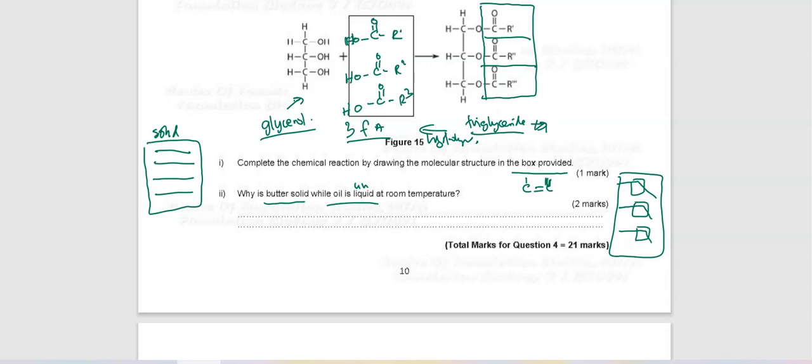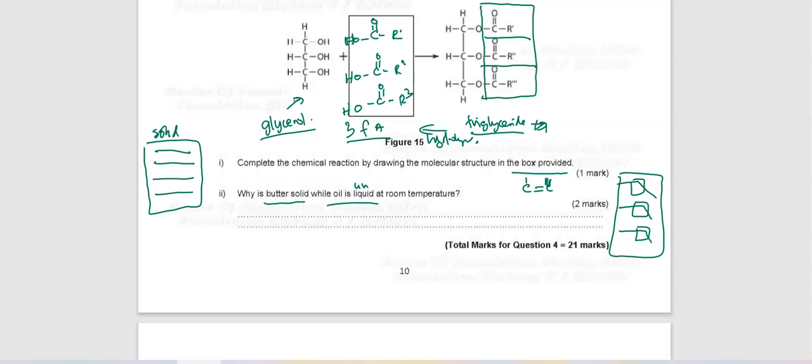So that is why butter is solid and unsaturated fat or oil or vegetable oil or fish oil is liquid at room temperature. So those are the points that you could write down. There's many points that I've mentioned. I'm just going to repeat again the highlight of the answer. First, butter is saturated fat.